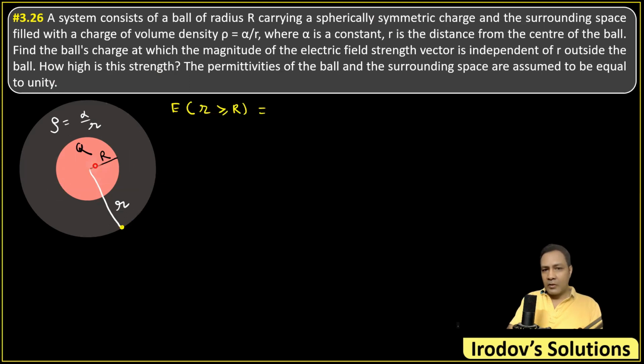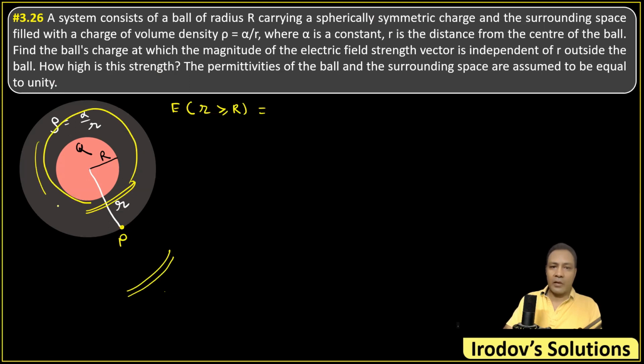Let me call this point P. For all those shells which are within P, point P is an exterior point, and for all those shells outside P, point P is an interior point.